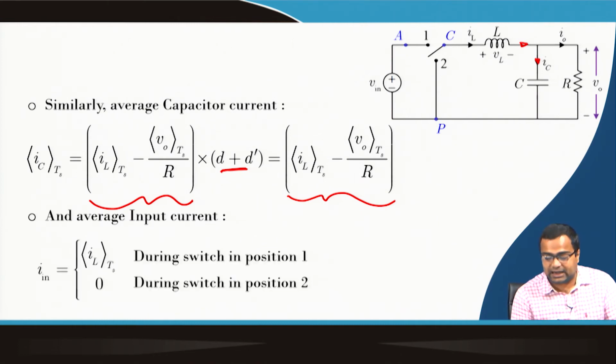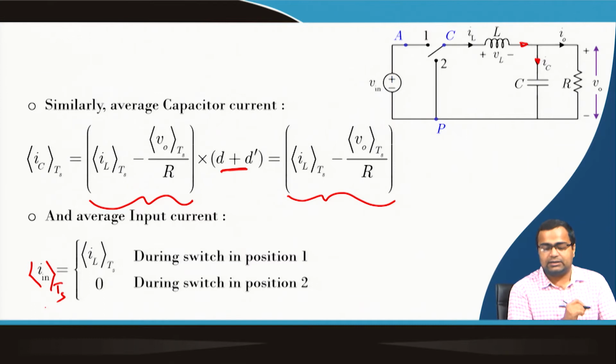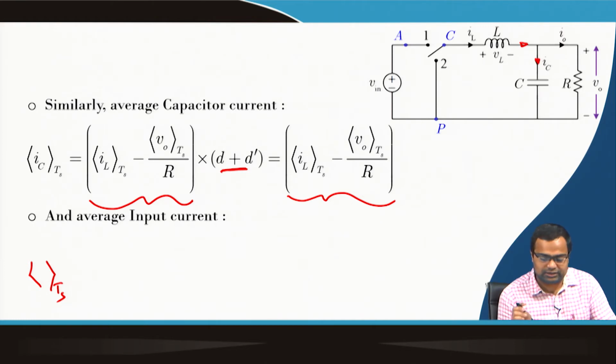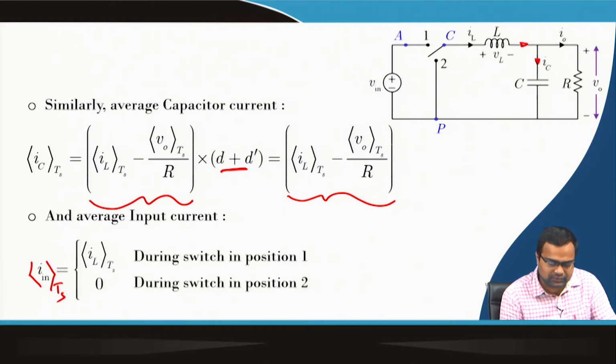Similarly, the average input current. We are talking about the average inductor current over this period. It is not the average, I think.